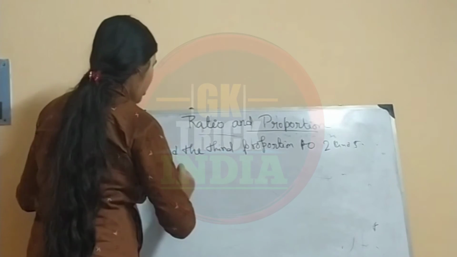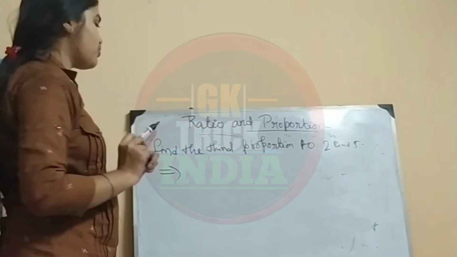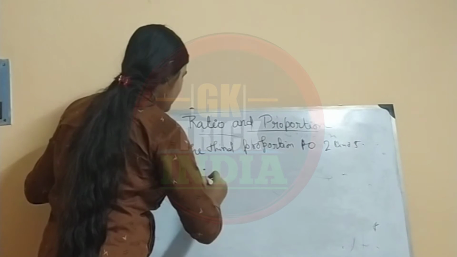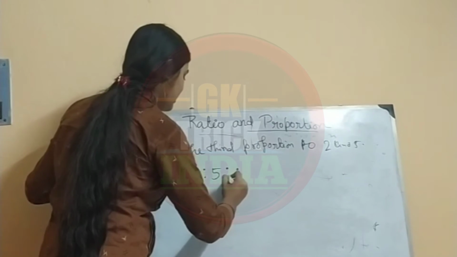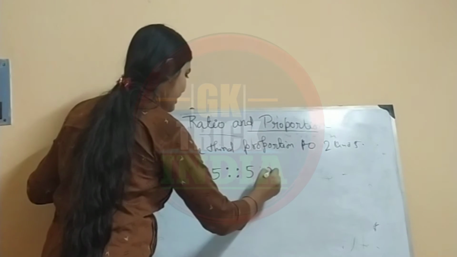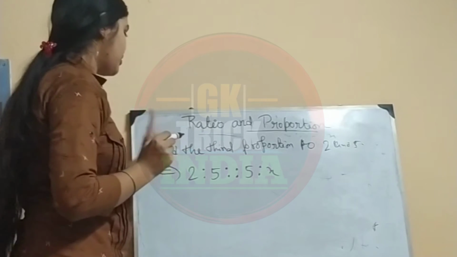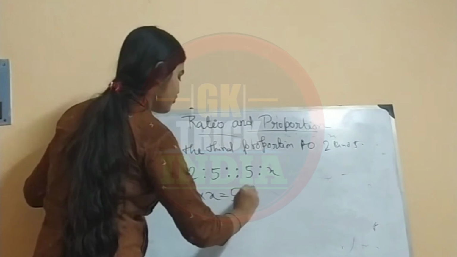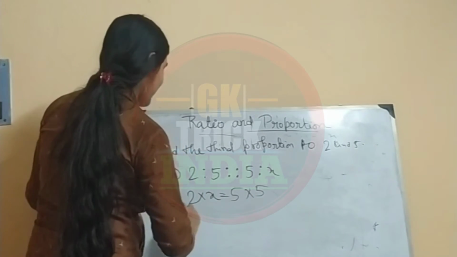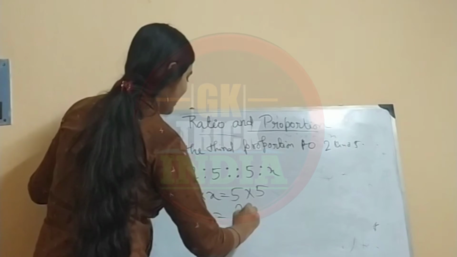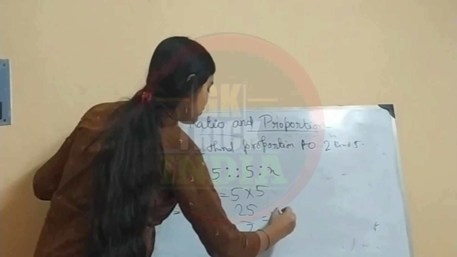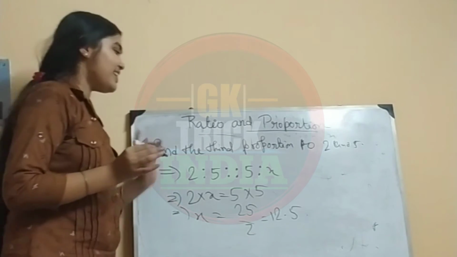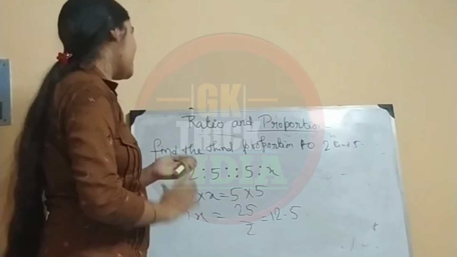According to the 3rd proportion rule, the 3 terms are in the form 2 is to 5 as 5 is to x. So here 2 into x equals 5 into 5. x equals 25 by 2, that is 12.5. Okay, we got it so easily. Yes, that's the technique.